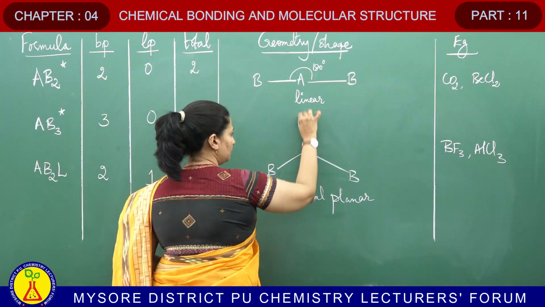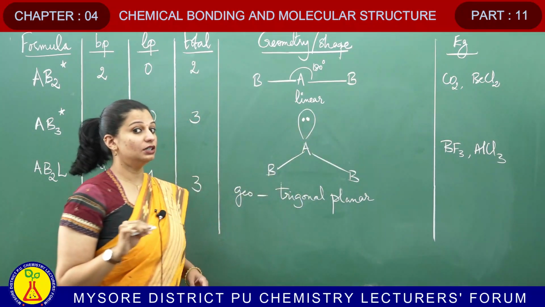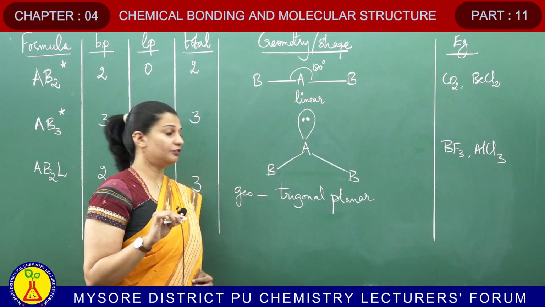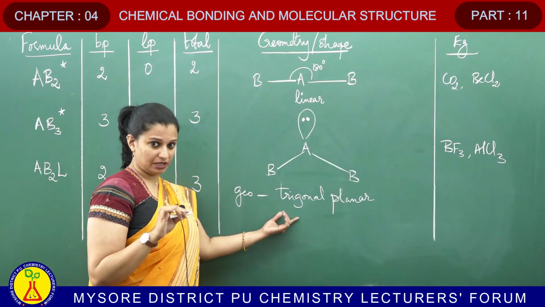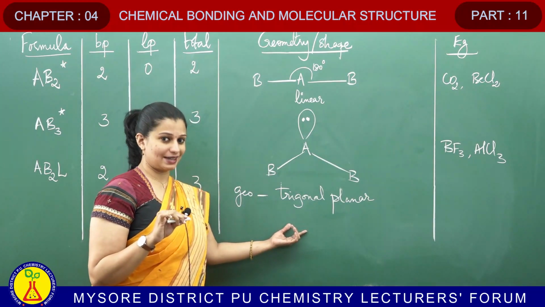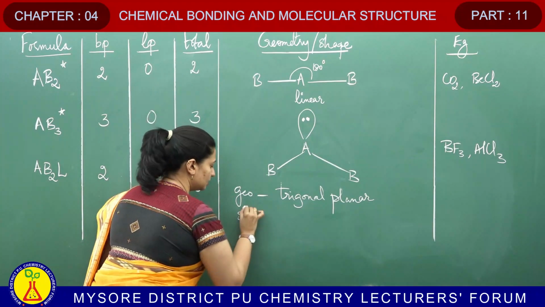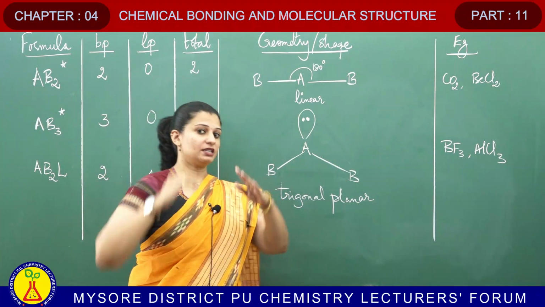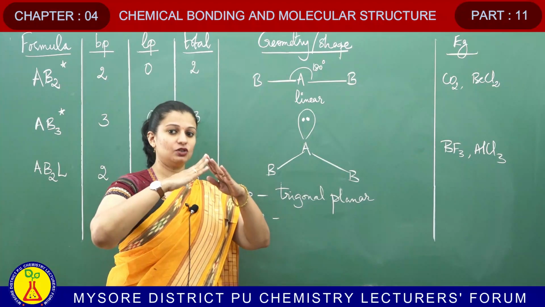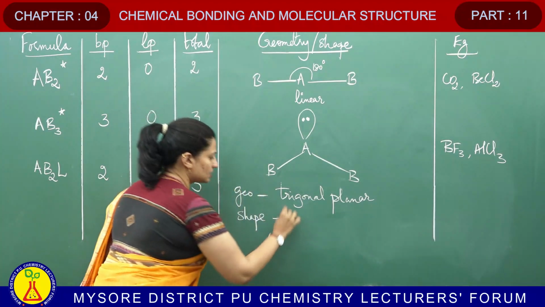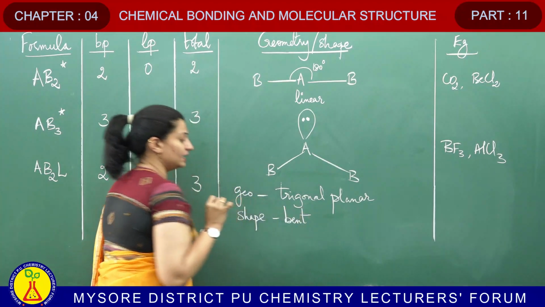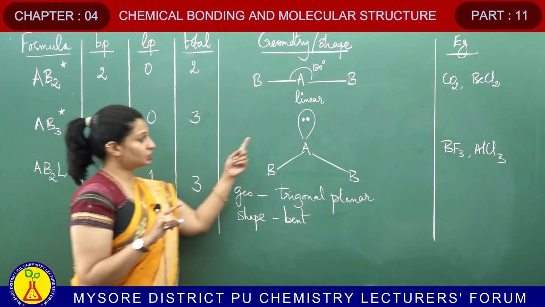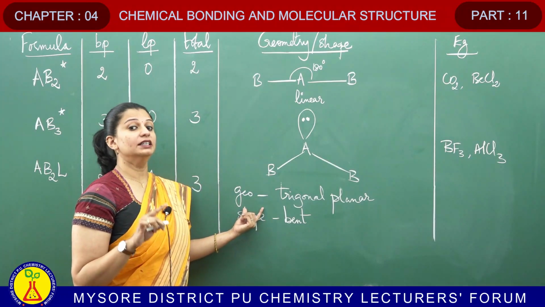So, the 3 electron pairs are still arranged in the form of a trigonal planar, meaning the geometry of the molecule is trigonal planar, but the shape of the molecule will be bent because there is no atom on the top. So, this is what you need to understand, that whenever lone pairs come into the formula, the shape and the geometry will be different.